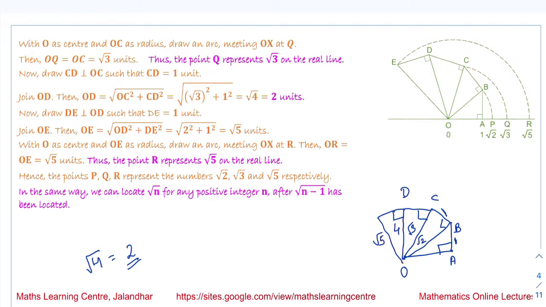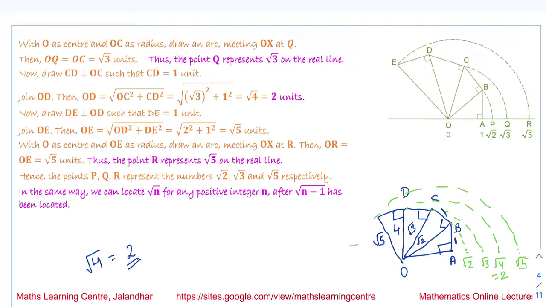Then next step, we have already drawn the circle arcs over here, and corresponding to these arcs we get the corresponding points, that is square root 2, square root 3, square root 4, that is 2, square root 5.